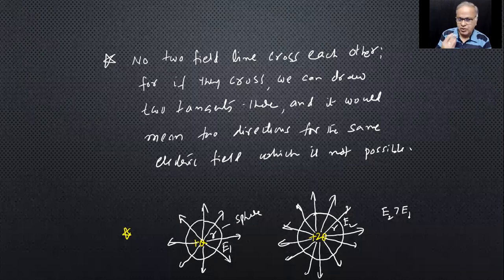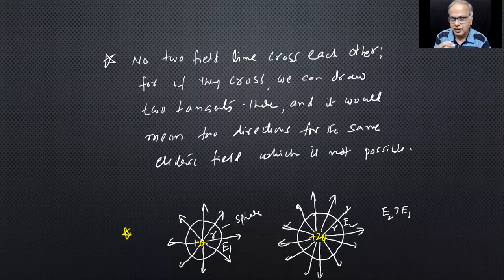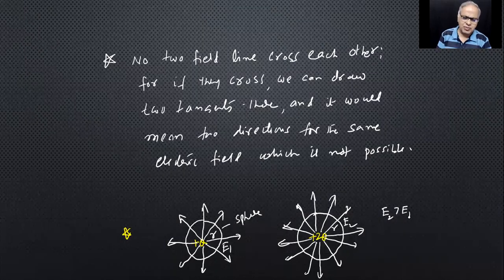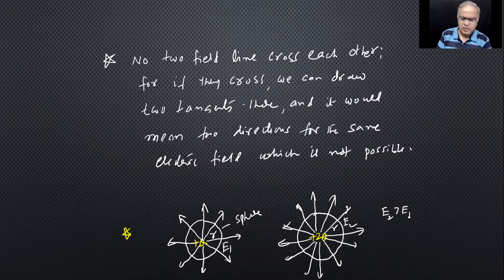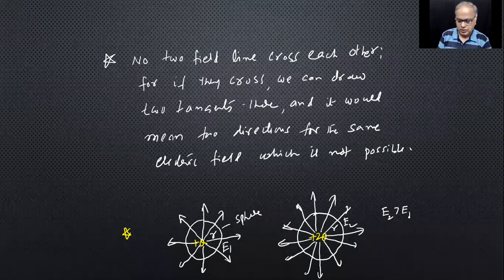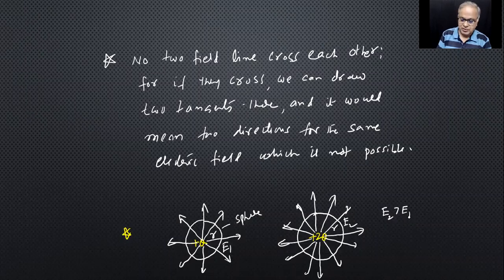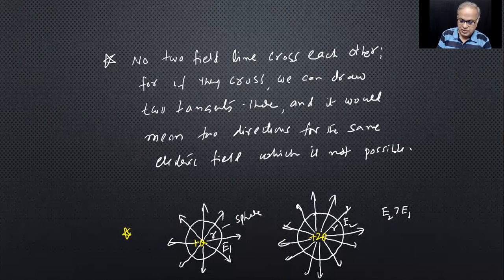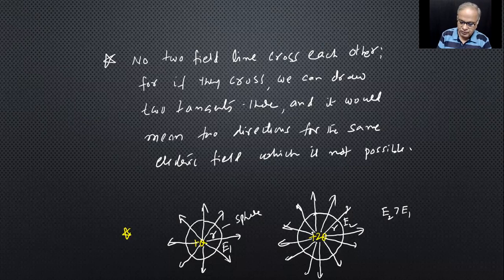But if just a single charge is given and you simply want to get a feel of it, just draw as many lines as possible. You can draw 8 lines, 10 lines, whatever. You'll know that the field is spreading like that. But the number of lines has to be proportional to the charge if you want to compare the field of this with another charge. Naturally, more charge, more field lines.